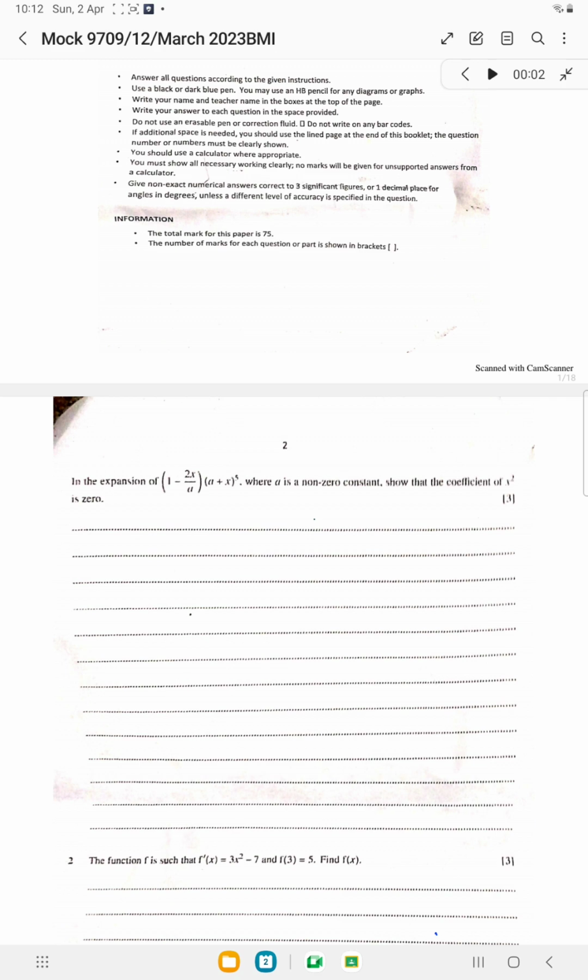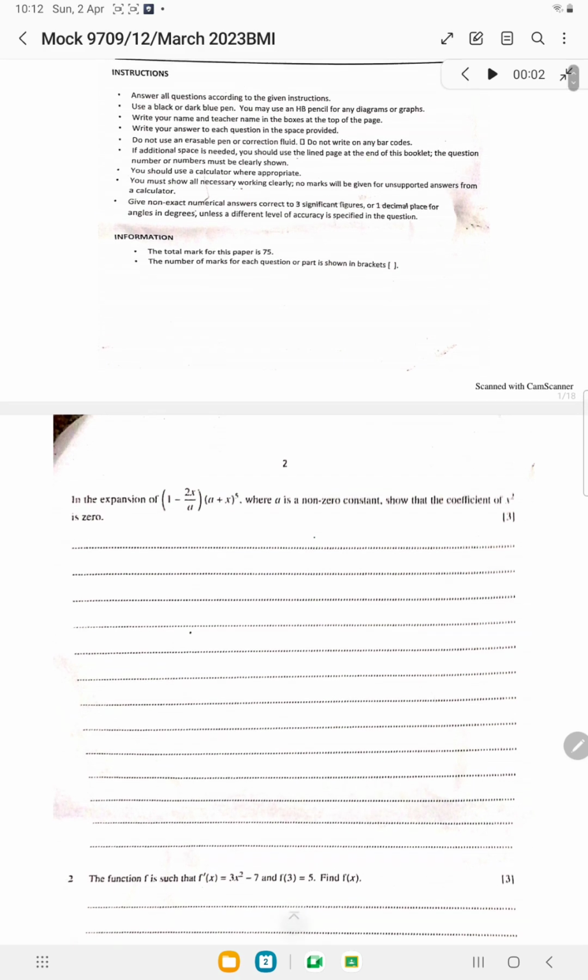Okay, the first question is about the topic of binomial expansion. It is given: in the expansion of (1 − 2x/a)(a + x)^5, where a is a non-zero constant, show that the coefficient of x² is 0. It's a 3 marks question.